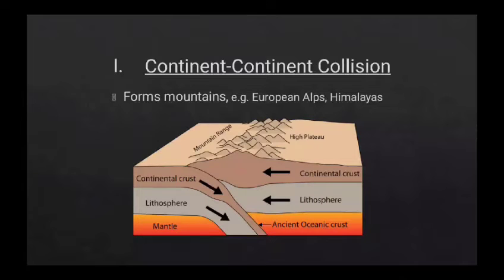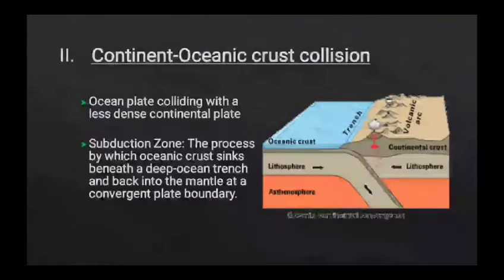Number 2, continent to oceanic crust collision. If the continent collides with oceanic crust, an ocean plate collides with a less dense continental plate. Subduction zone: the process by which oceanic crust sinks beneath a deep ocean trench and back into the mantle at a convergent plate boundary. So, nagkakaroon ng trench.